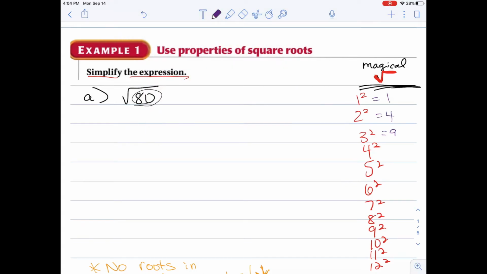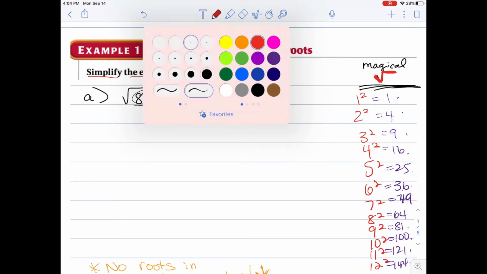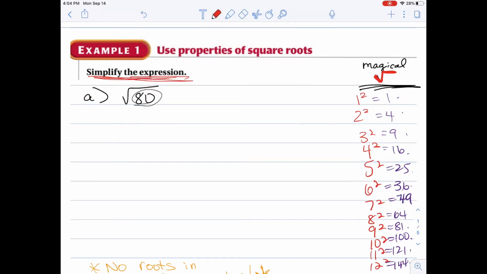And those are 1, 4, 9, 16, 25, 36, 49, 64, 81, 100, 121, and 144. Now those numbers all have perfect square roots.